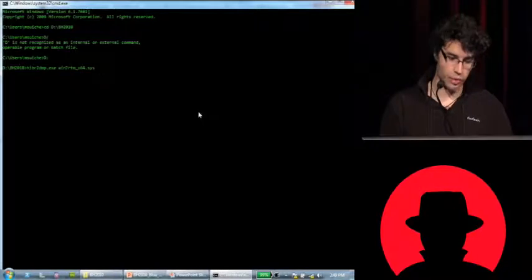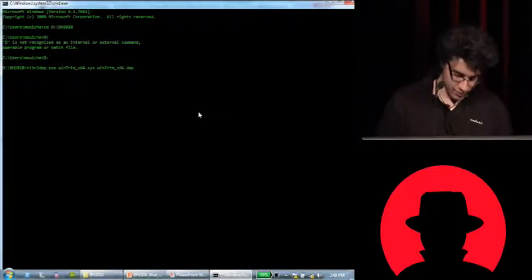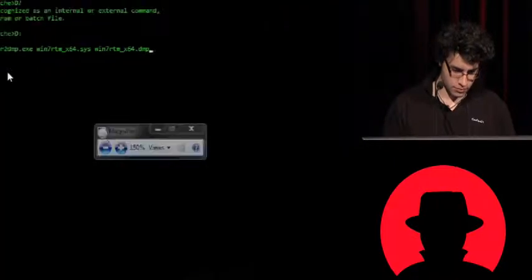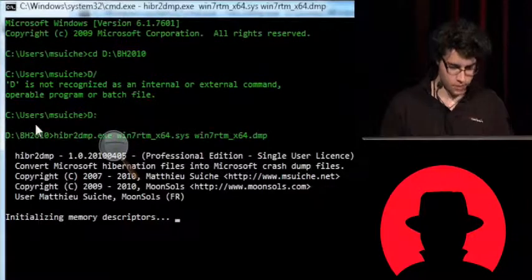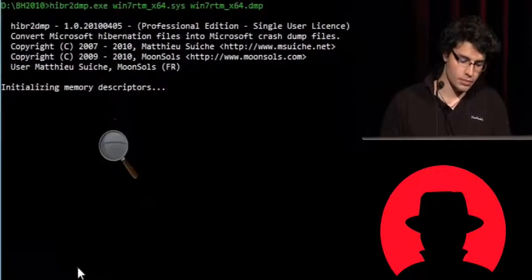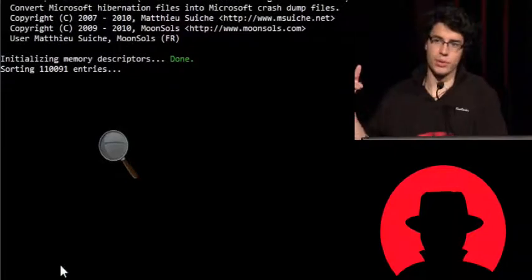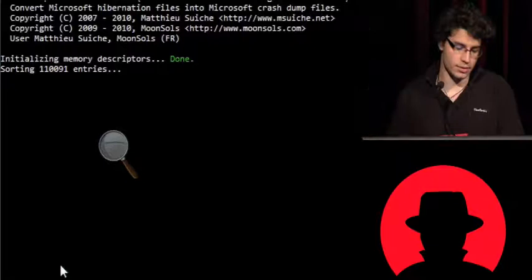Here I will try to convert the Windows 7 64-bit hibernation file. As you can see, if you remember the flowchart of the hibernation file, there are a lot of compressed blocks, so it has a lot of entries.